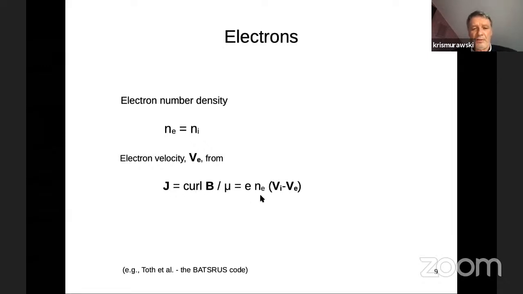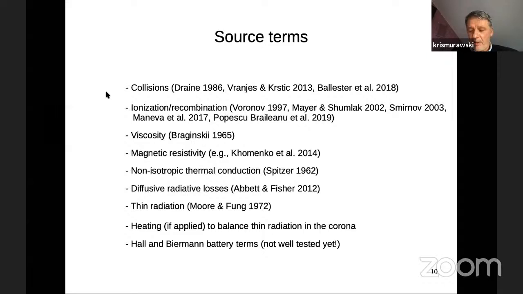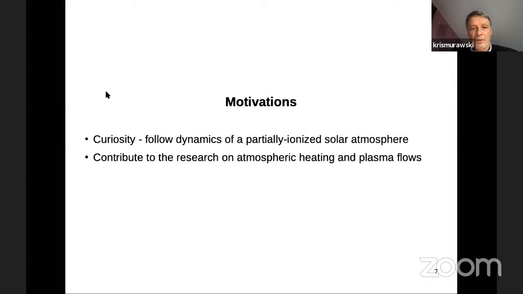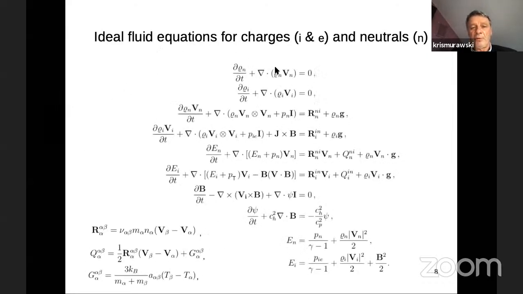So you see this equation. This is the treatment of electrons which was used in the literature by Gabor Toth, for instance, or by some others. I should perhaps say that I wrote here the equations in a sort of ideal form.